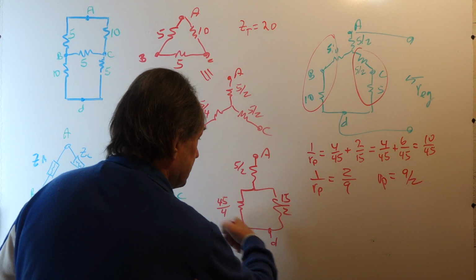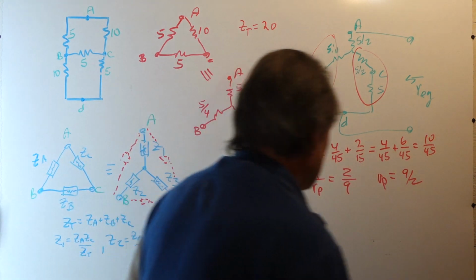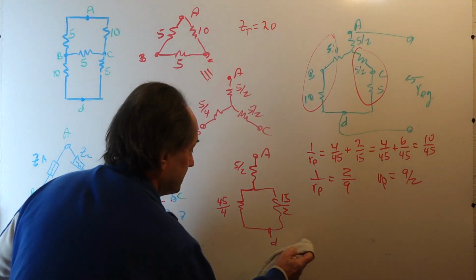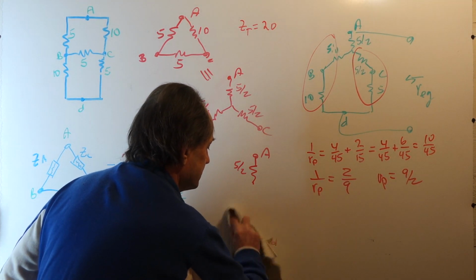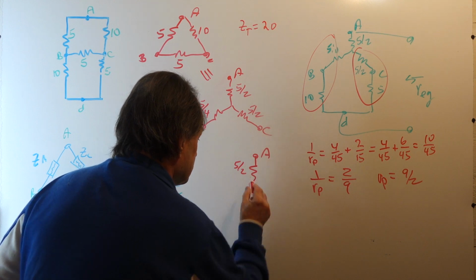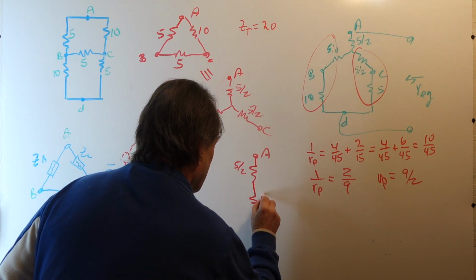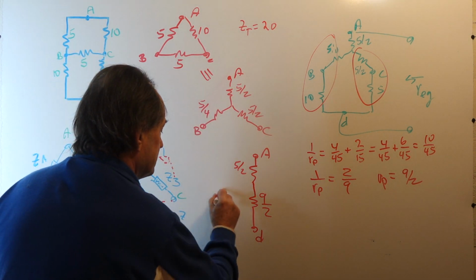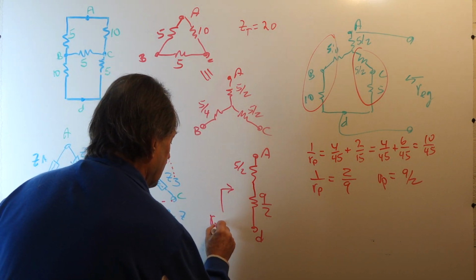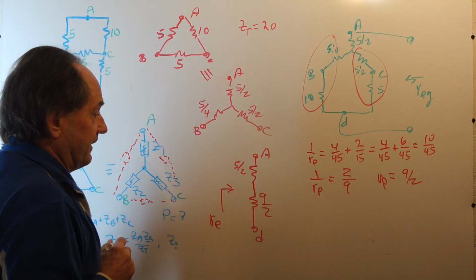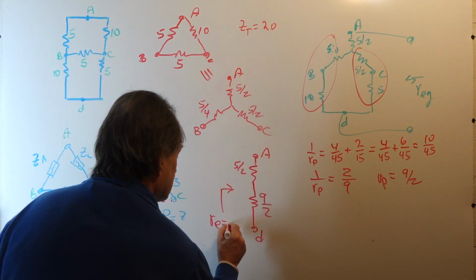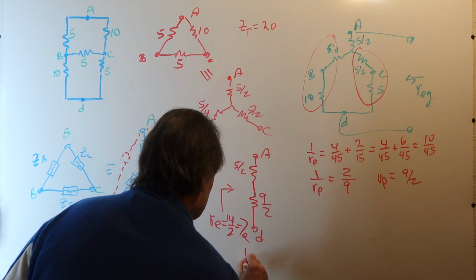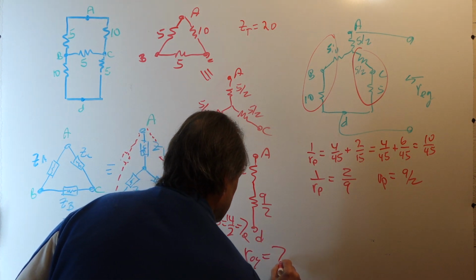So we can replace this parallel combination by a single resistor of 9/2. So the equivalent resistance, looking in, is the series combination of 5/2 and 9/2, which is 14/2, or 7 ohms. So our equivalent is 7 ohms.